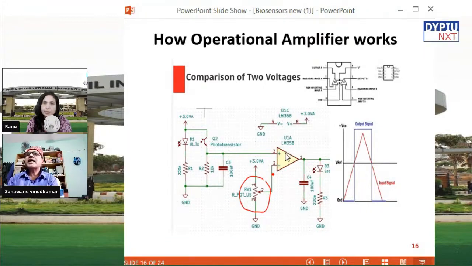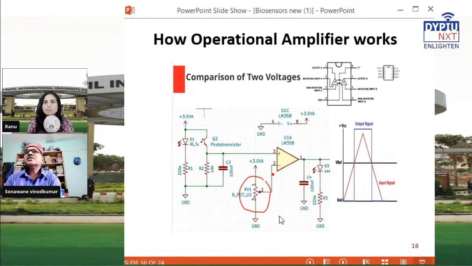Here I have tried to explain a little bit of the functionality, how the photo transistor works, how the input goes to it, and then how the output is obtained as an output signal at pin number 1. Here we could see that there is a photo transistor at pin number 3, and this is the whole circuit. It's a ready-made circuit, I can say.